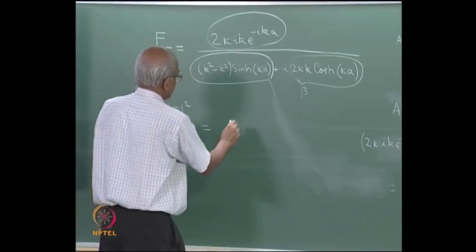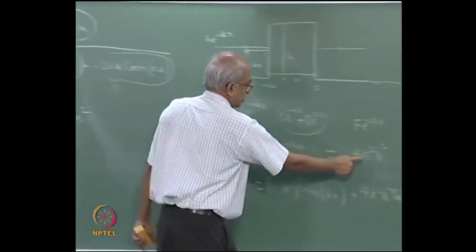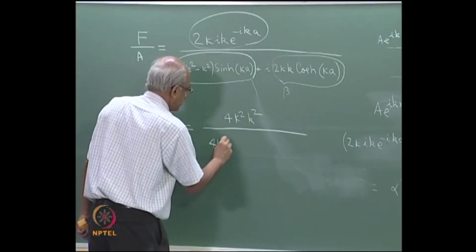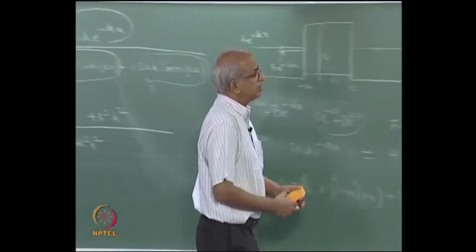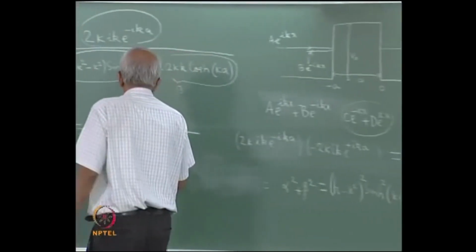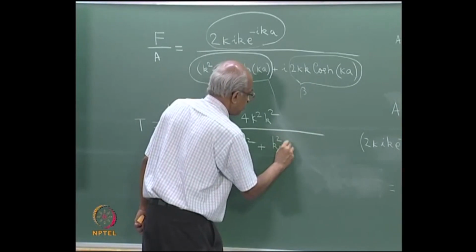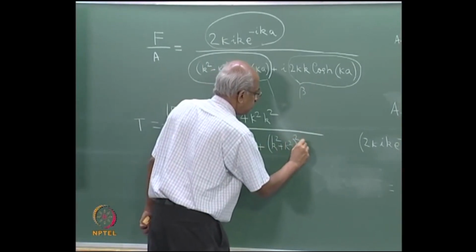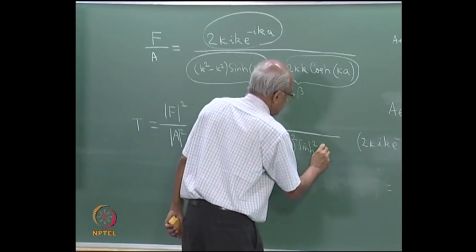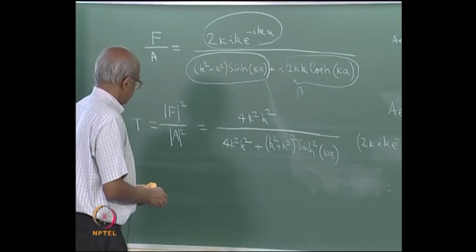If you collected all these results, the result is 4 kappa square k square, that is this term, divided by 4 kappa square k square, that is actually this term that I am writing, so this is the answer for T.